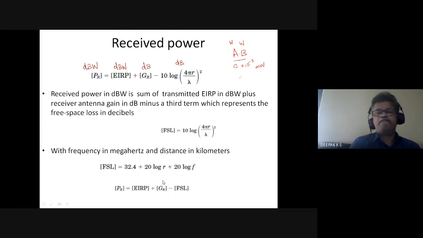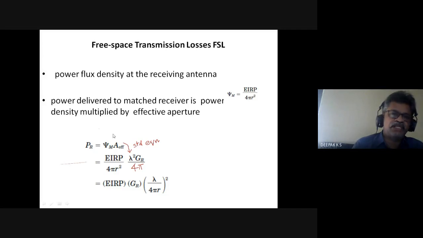So basically, you can write received power in dB or dBW equal to EIRP in dBW plus gain of the receiver minus free space loss. That is the free space transmission loss. In link budget calculation, we will now look at various other losses. This is one of the losses, free space loss.